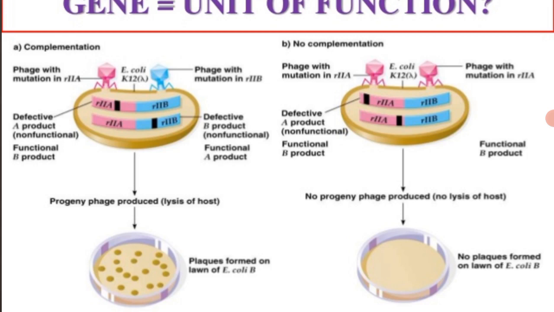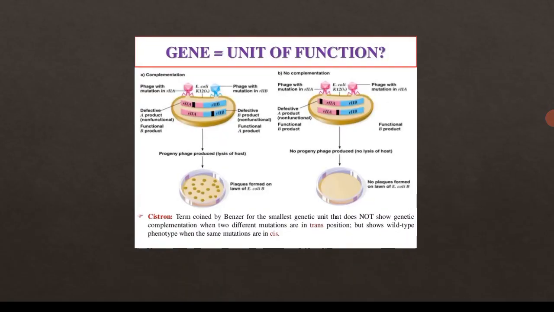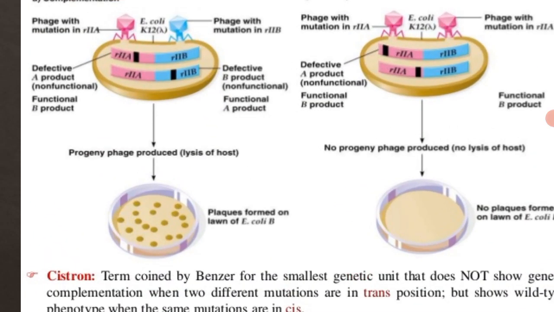One mutation is present in R2A and one mutation is present in the R2B gene, and therefore it will produce progeny phage which will lyse the host. Okay, so this is complementation. They are complementing each other, because both mutations are not present in the same gene. Okay, and that is what we have to determine, right? For that we have used the complementation test.